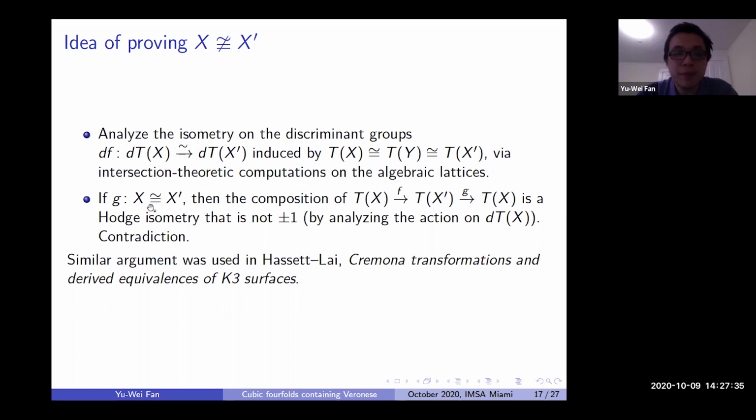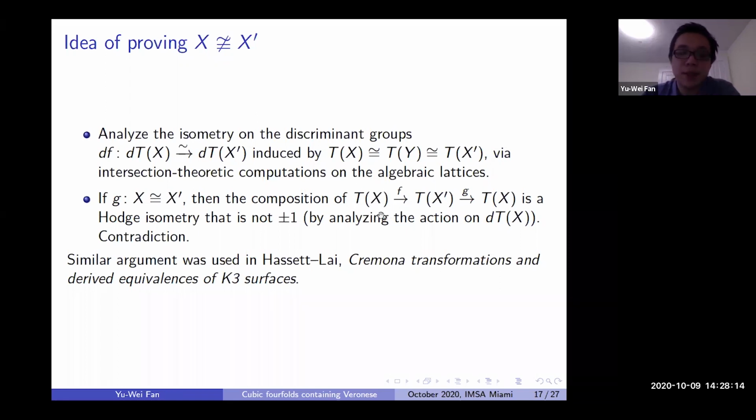Then this will induce an isometry on the transcendental lattice between X and X prime. If we look at this composition, then by the first part, we can show that the action on the discriminant group is multiplication by 9. But this contradicts the fact that the only Hodge isometries on Tx are plus or minus identity.